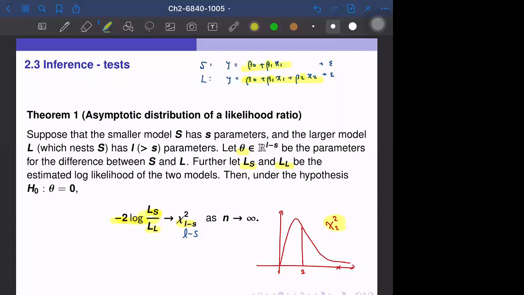If the test statistic is very large, around here, then the difference between LS and LL is large. That means the model L is significantly better than model S. This works in any statistical model, but we use this result for logistic regression.